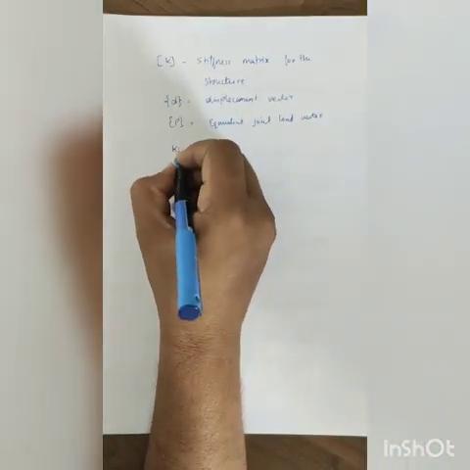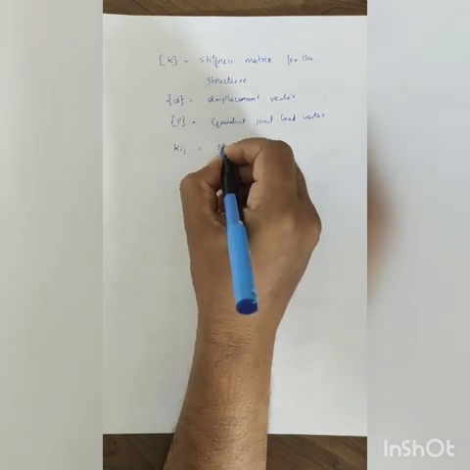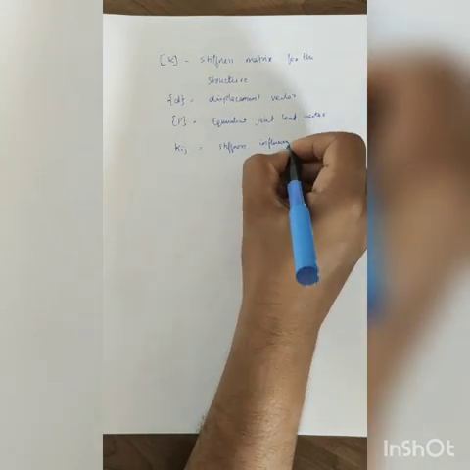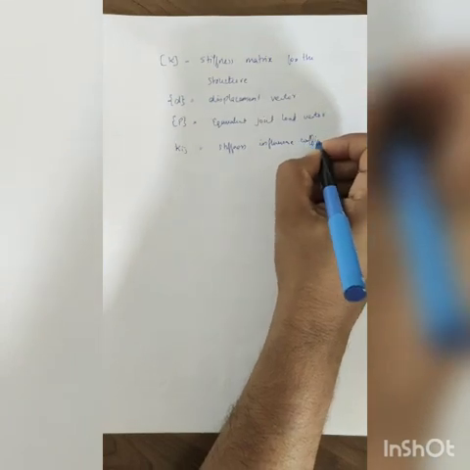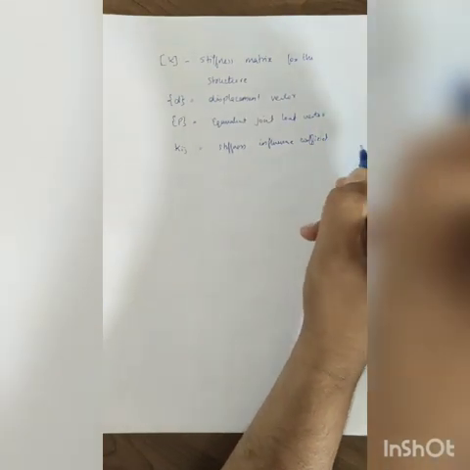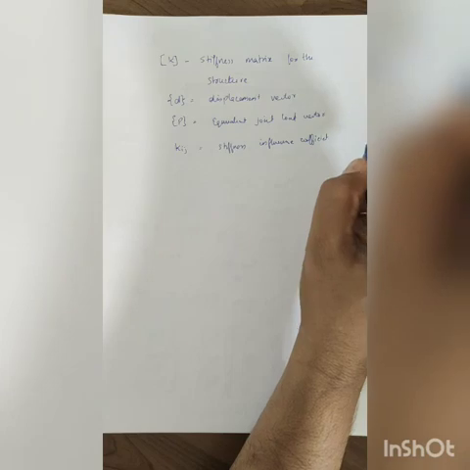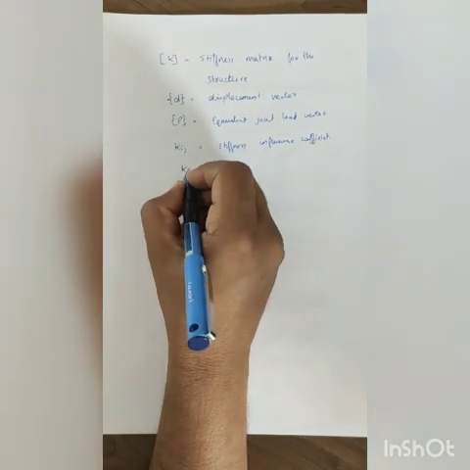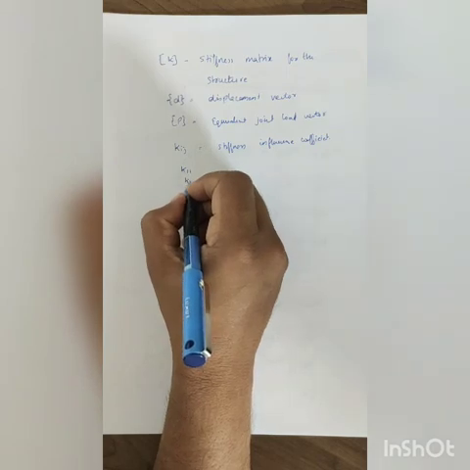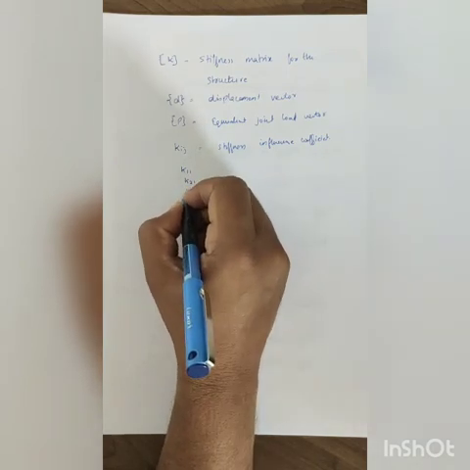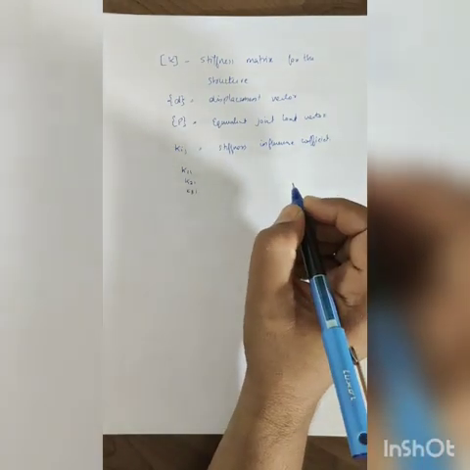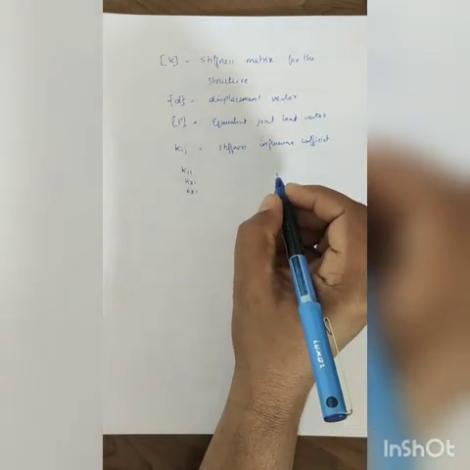Now K_ij is called the stiffness influence coefficient. So here we have different coefficients, 4EI by L, 2EI by L, etc. K11 is there, K21 is there, K31 is there, etc. All these things are your stiffness influence coefficients.